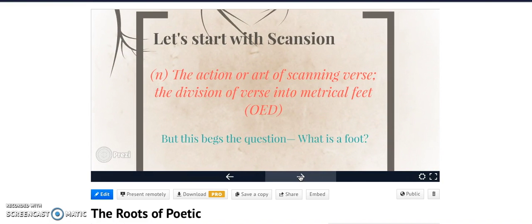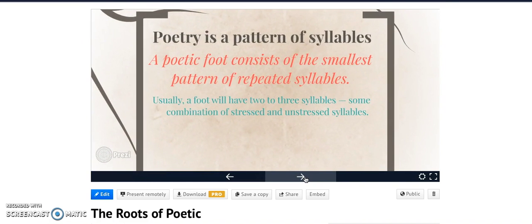With this next step, let's start with scansion. Again, not the most formal language, but I think that helps students relate to the presentation more. You've got a definition, and then in the blue, but this begs the question, what is a foot? So here I am asking myself a series of questions as to how I would guide myself through this presentation if I were learning it for the first time.